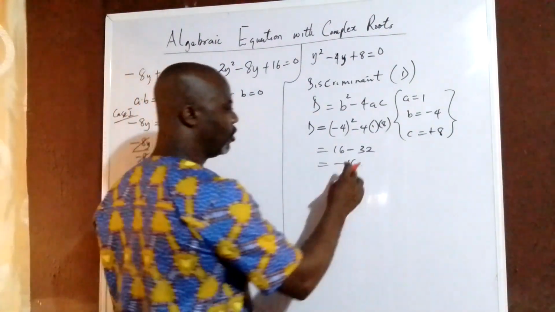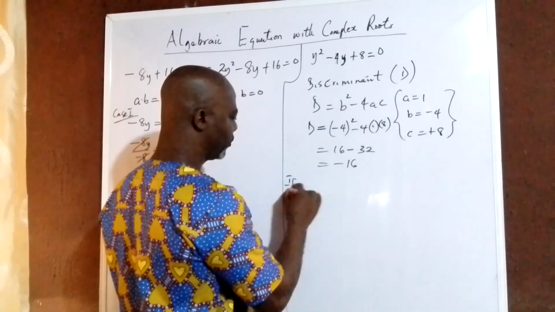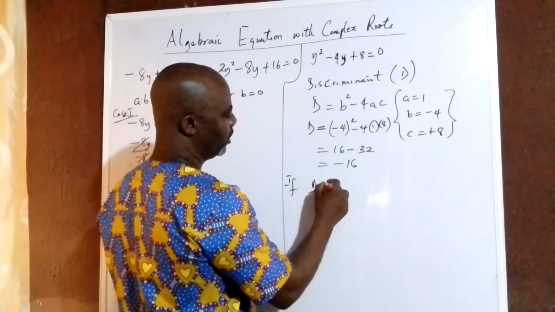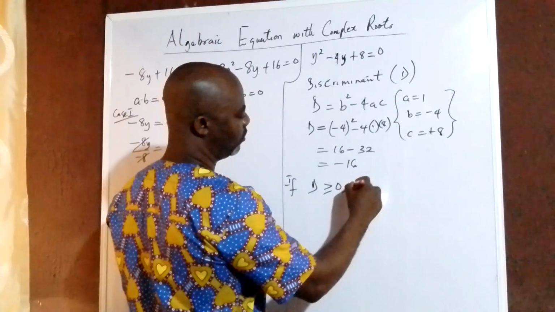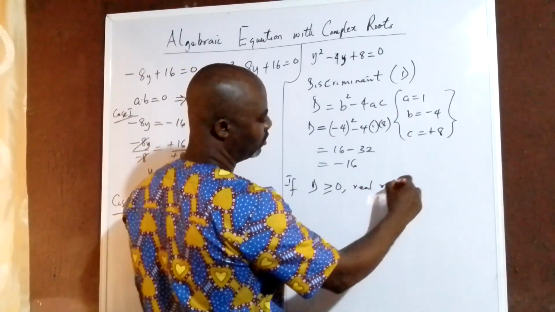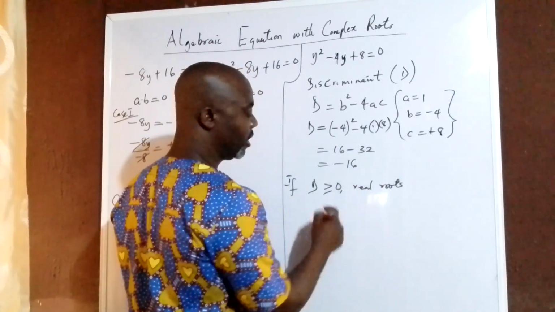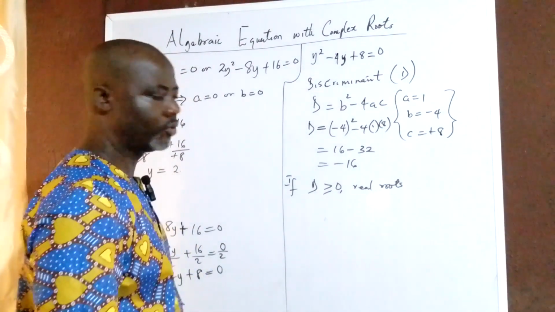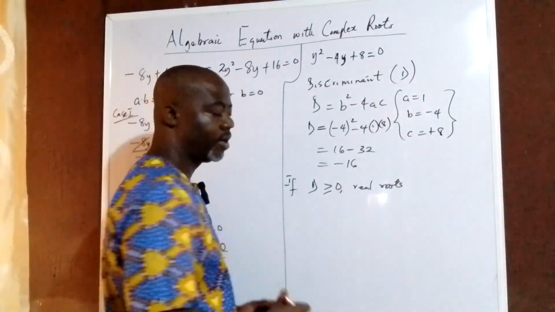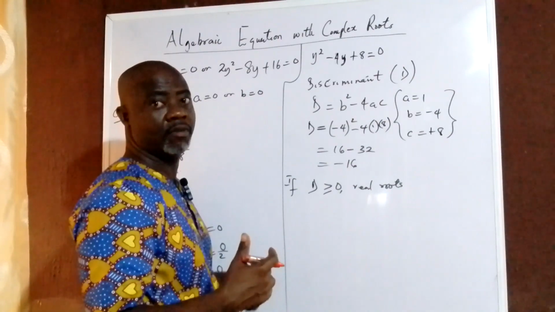So now the rule is that if D is greater than or equal to 0, then we have real roots. Real roots mean real numbers, and when we talk about real numbers, it's either negative or positive.